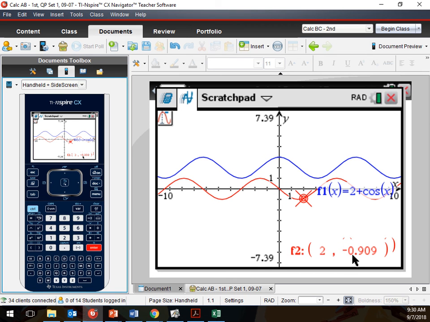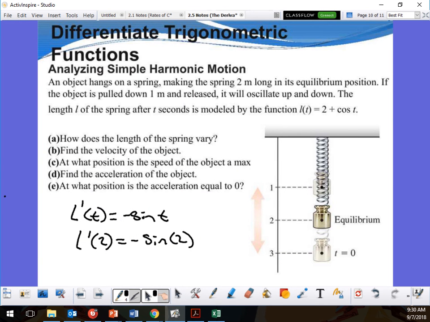So it is negative 0.909. The speed is the absolute value of that, so it is 0.909. And what are my units? Didn't you say negative? Yeah, but it's absolute. Speed is the absolute value of velocity. And what's over time? Seconds, right? Yes, seconds. T is seconds.